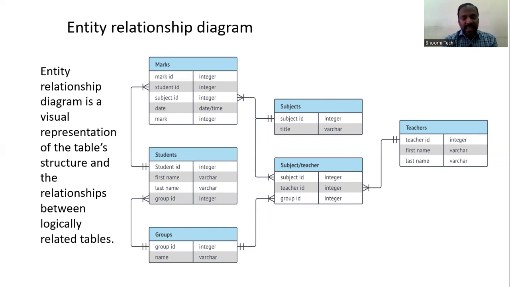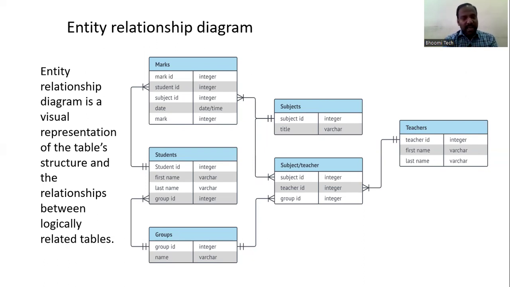Like we can see in this diagram, here marks and subjects are related using marks ID and subjects ID. Both are integers and they are related using a one-to-one relationship. The same thing happens in a database with different tables.